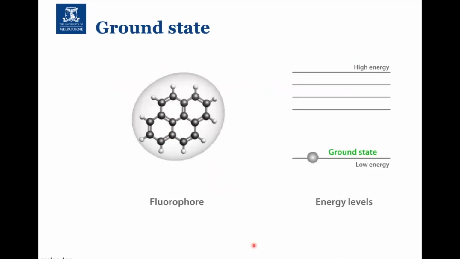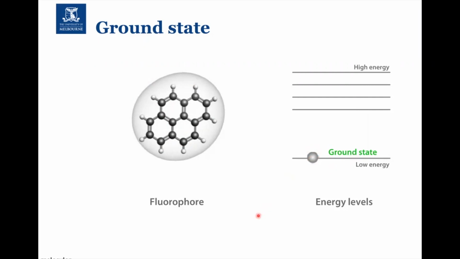Okay, so let's have a look at our fluorochrome in this case, or our fluorophore. It's got the structure that we're expecting. On the right-hand side here, we've got what we call a Jablonski diagram. So what we're looking at is the energy levels and the electrons within this molecule. And at the start, they are in the ground state, so they're not excited in any way.